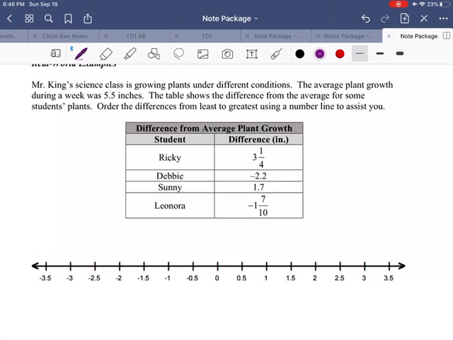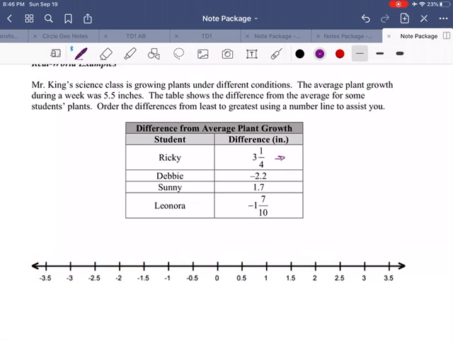Now these are all kind of messed up because they're different units, they've got mixed fractions, they've got all kinds of stuff here. All right. So what we're going to do is change this to an improper fraction.